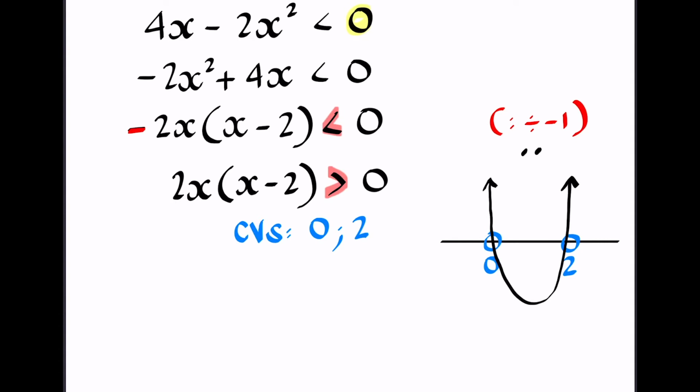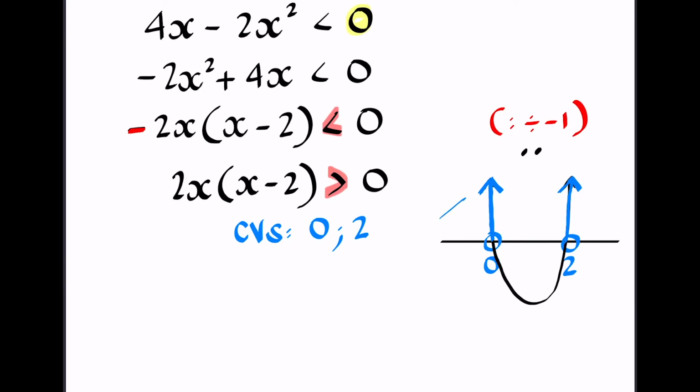If we read our inequality, it says 2x into x minus 2 must be greater than 0. So that must be positive. Now, positive is above, negative is below. So where is this parabola? Above. It's above from that 0 and from that 2.